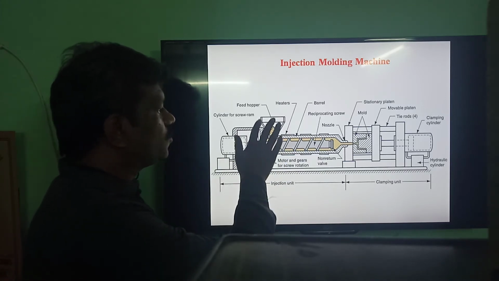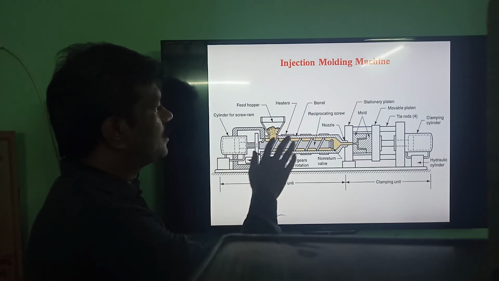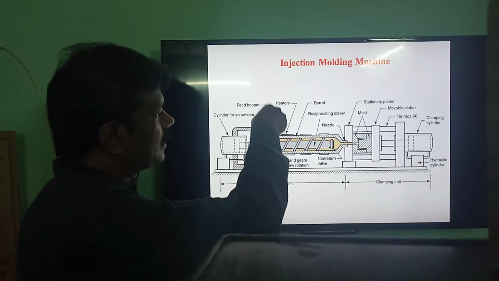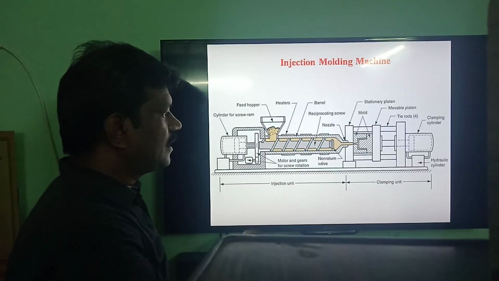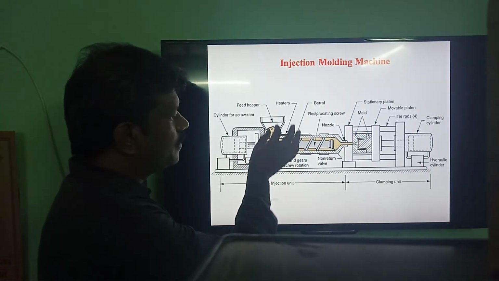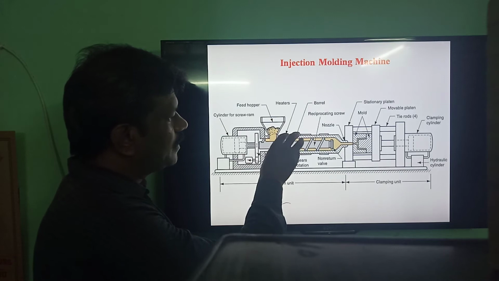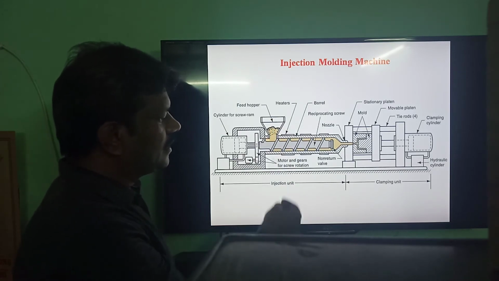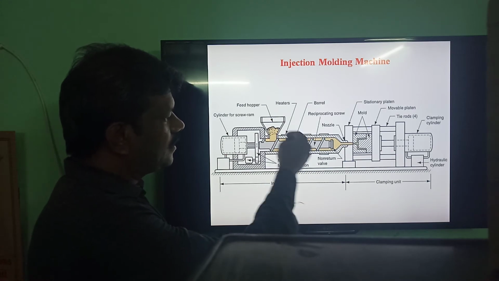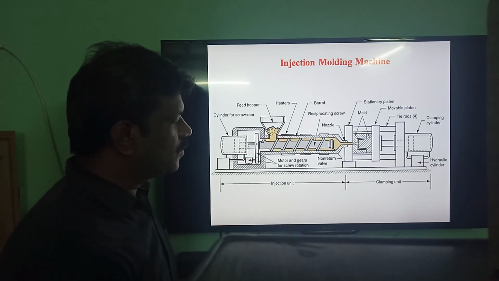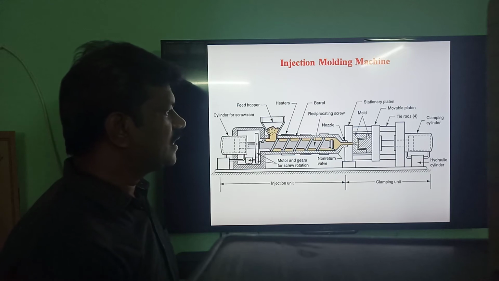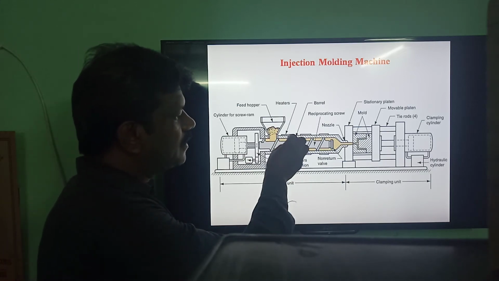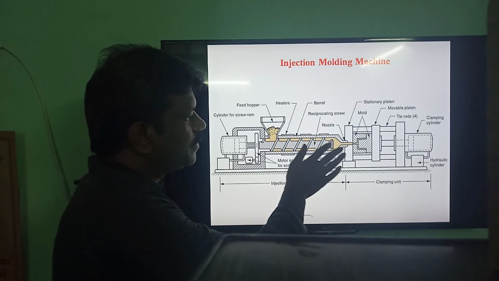Now through this feed hopper, we supply the plastic pellets, and they come here. Here, by means of the heater, the plastic pellets are melted, so that the plastic is converted to a molten stage. Now the molten plastic is carried by the screw conveyor. Slowly it will be coming here.